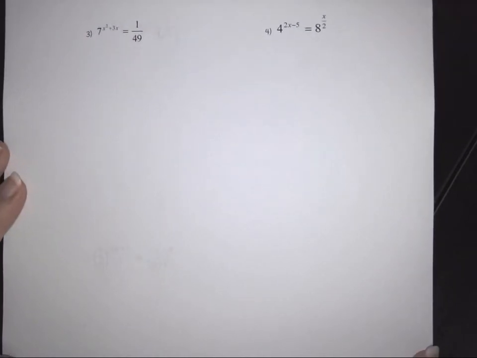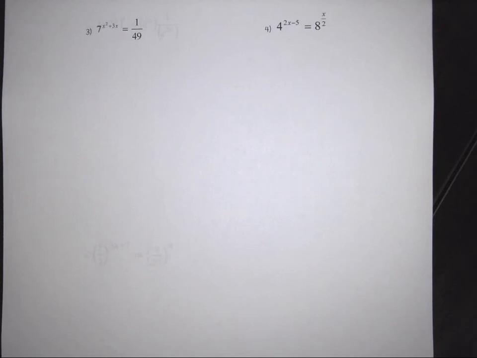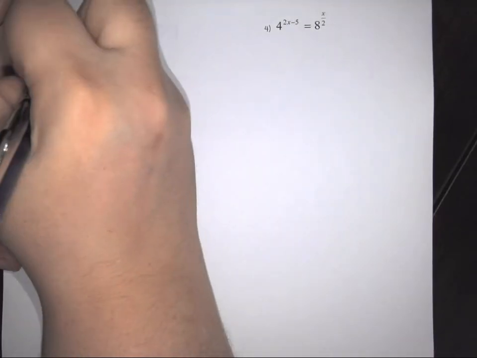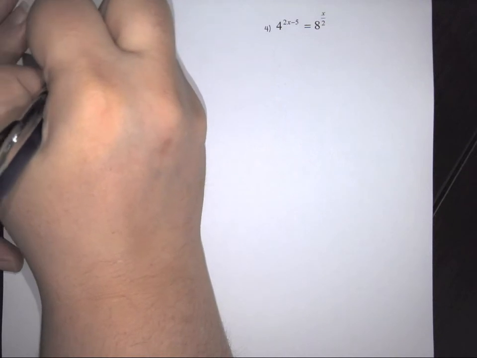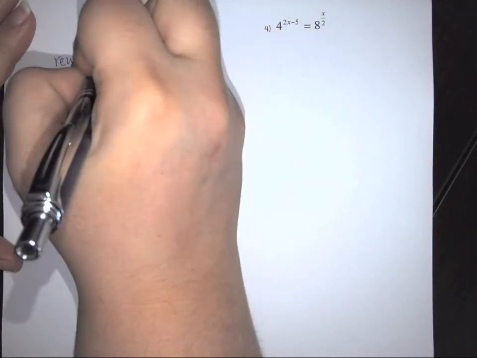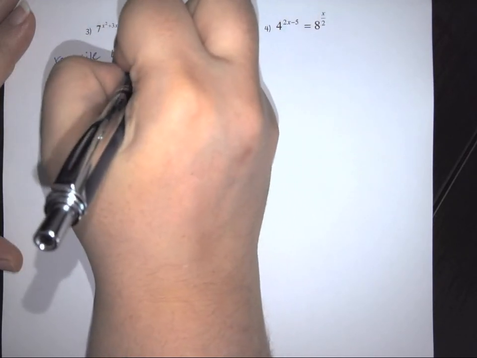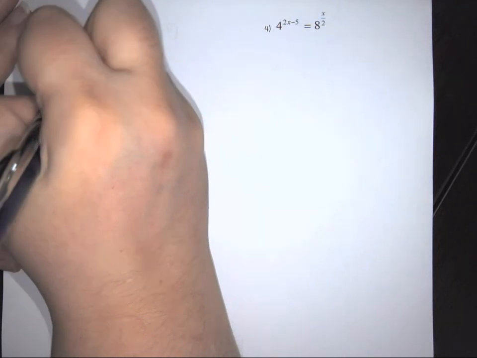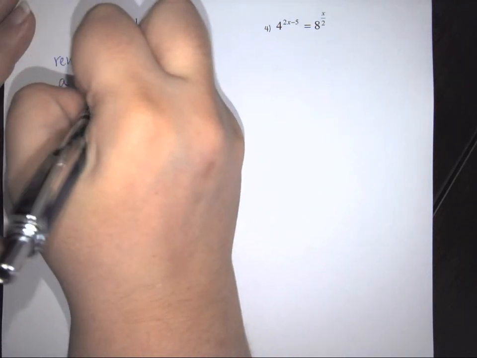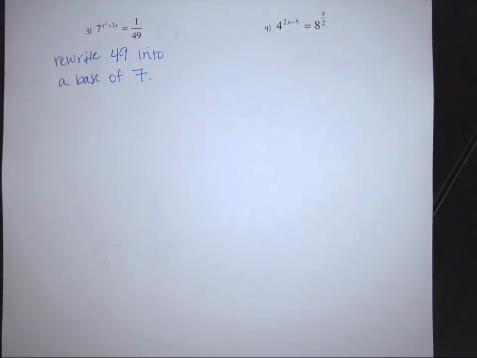So let's do a couple more. So I have 7 raised to the x squared plus 3x is equal to 1 over 49. Again, I want to ask myself if I can rewrite 49 into the base of 7. Okay, that's my goal.